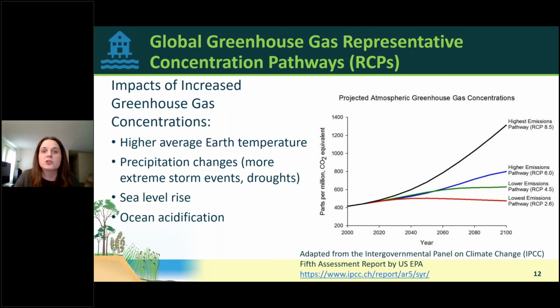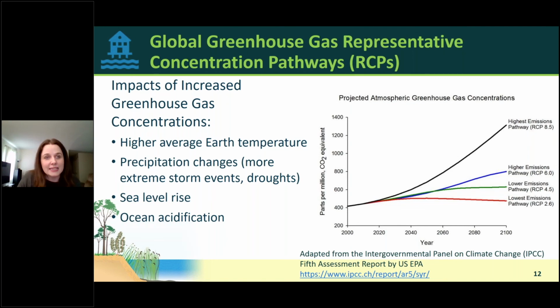I'm going to go over some trends that we are seeing. We're going to have to also adapt, because things are shifting, things are changing a bit. But our goal is to figure out adaptive strategies that will make us more resilient against those changes, so we're not having detrimental impacts to our society or to our ecosystems.